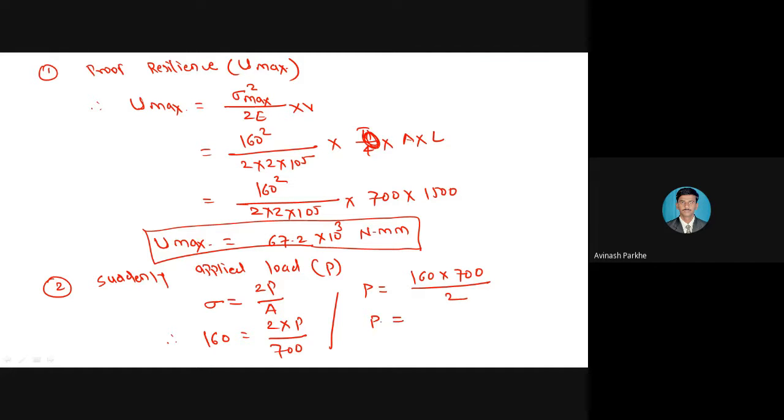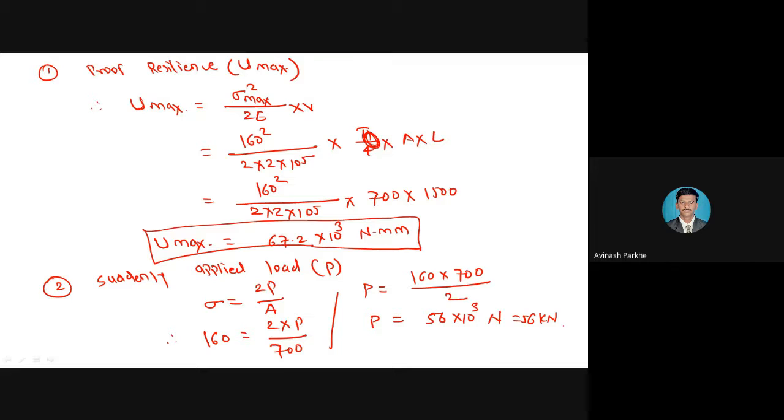So P is equal to 56 into 10 raised to 3 Newton, which is equal to 56 kilonewton.